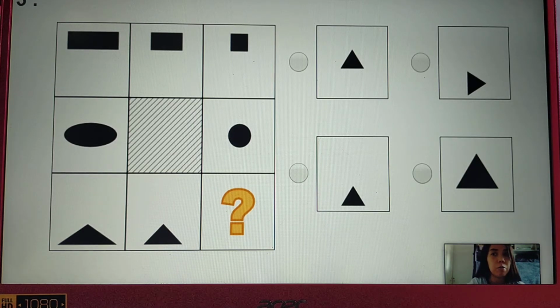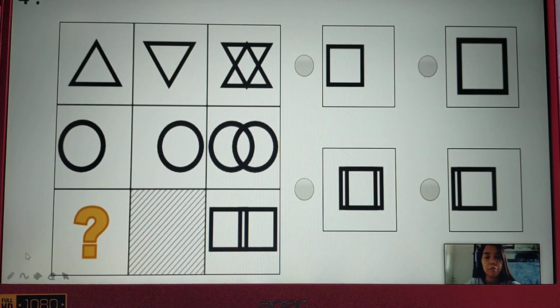Next, number 3. Given these figures, what do you think is the missing figure here? Again, this is A, B, C, and D. 5, 4, 3, 2, 1.